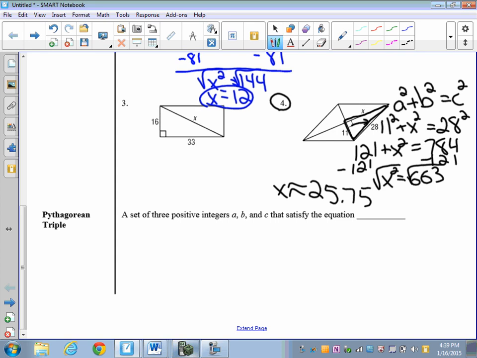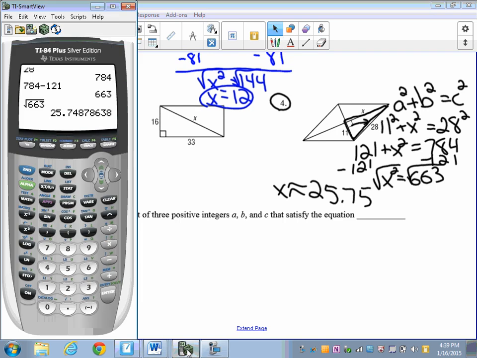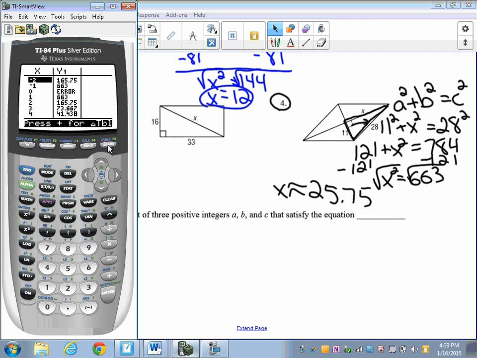If I want to find out what the square root of 663 is in terms of simplest form, that's kind of a tricky one. And y equals, probably the easiest thing you can do is 663 divided by x squared. So if you want to break up a square root, you can do this. And if I go to second, so again, second, that's the button in the top here, and I hit graph, I'll get the table.